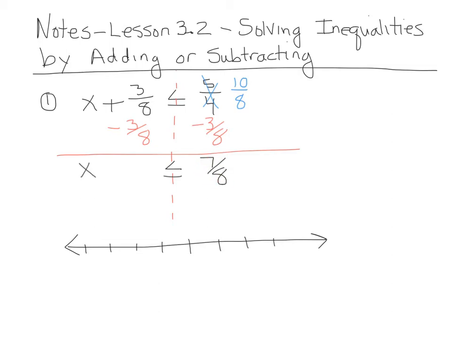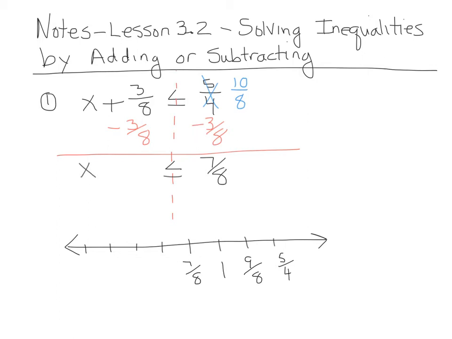This value here basically goes in the middle. And then since this is 8s, I would count by 8s. Now remember, you go up to the right. So 7/8, the next one would be 8/8, which would be 1. And then 9/8. And then 10/8. Well, 10/8 could be reduced. 10/8 would be 5/4.